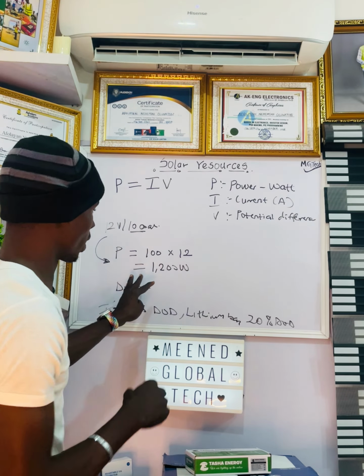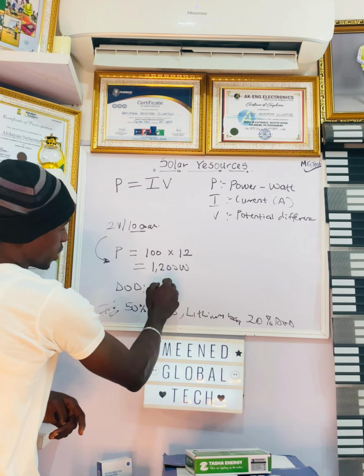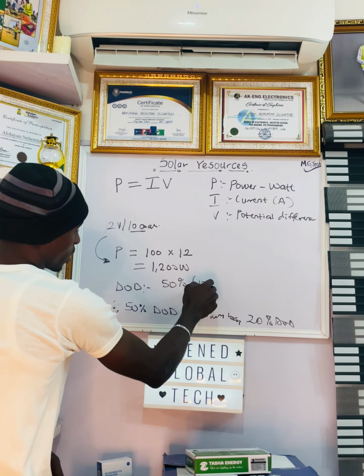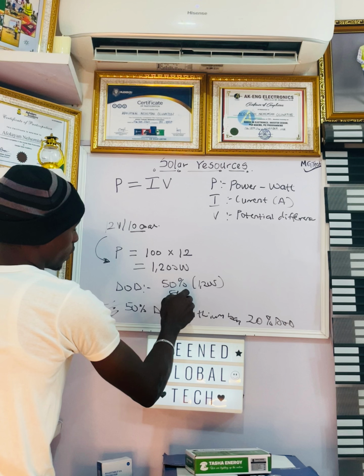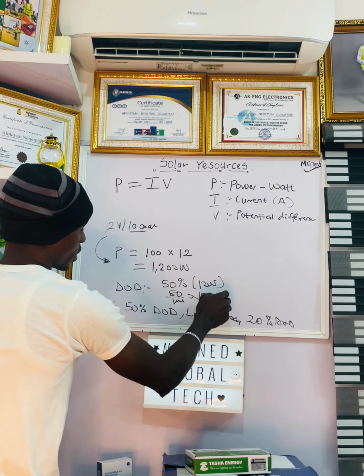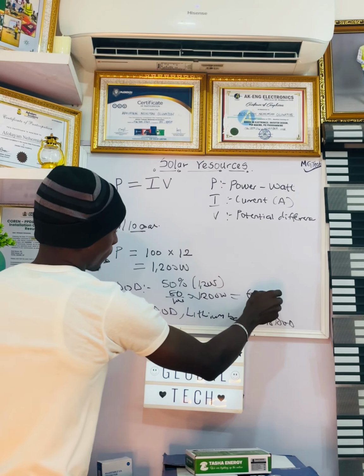Now, if you're going to be calculating 50% DOD for this, that's going to be 50% of what? Of 1200 watts. So 50 over 100 times 1200 watts. So what do you have? That's 600 watts.